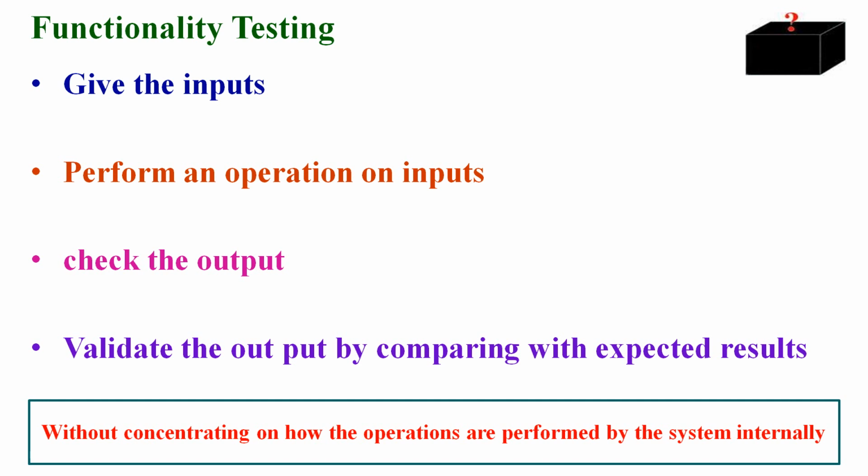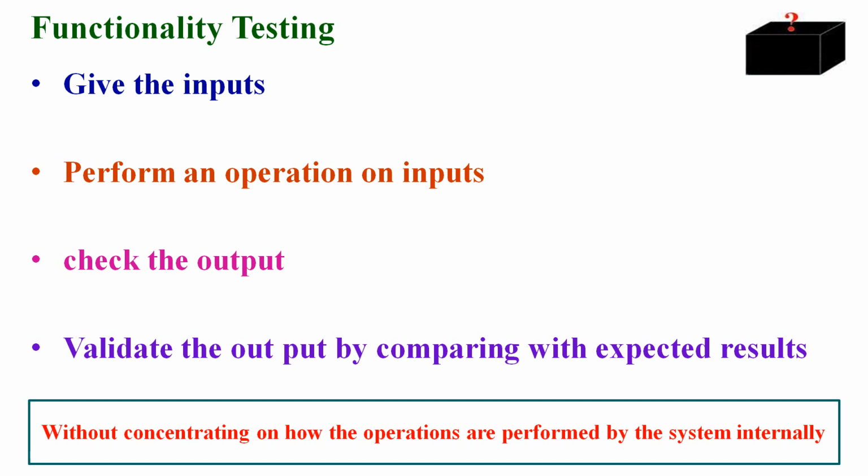So if you take any functionality, this is very important, just pay attention. For any functionality, we have to give the inputs first. After giving the inputs, you have to perform the operation on those inputs.